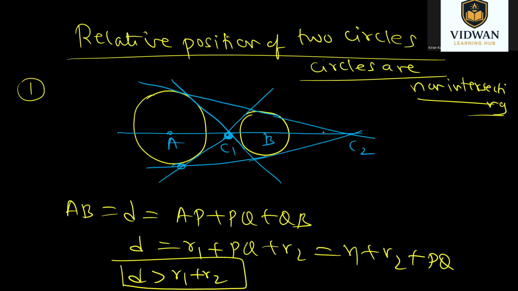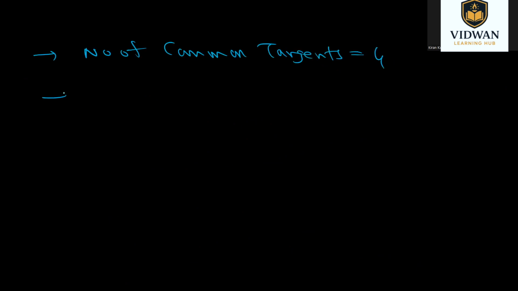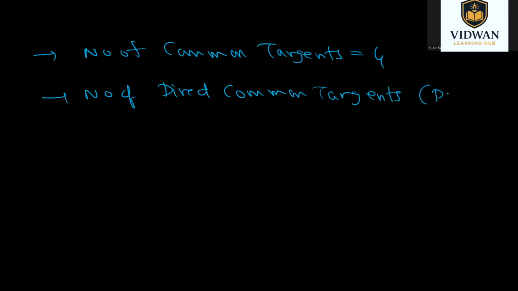So total we can draw 4 common tangents. These 2 are called direct common tangents, and these 2 are called transverse common tangents. So number of common tangents, if I ask you, the answer is 4. And in particular, if I say number of direct common tangents, you write in short form as DCT, but right now I'll write direct common tangent completely. The number of direct common tangents, that is DCTs, you can say in short, is 2.